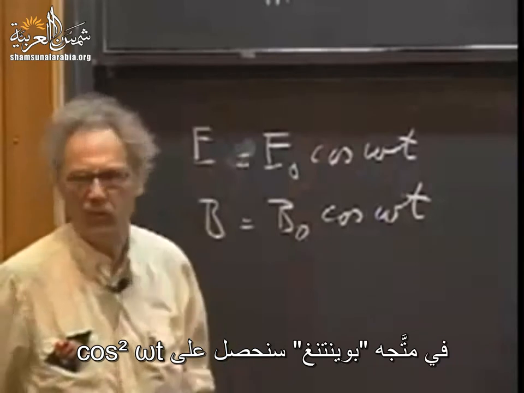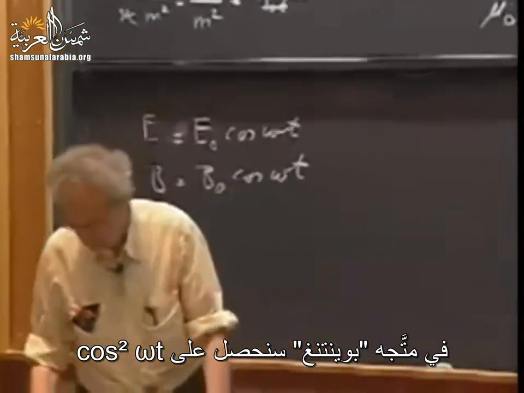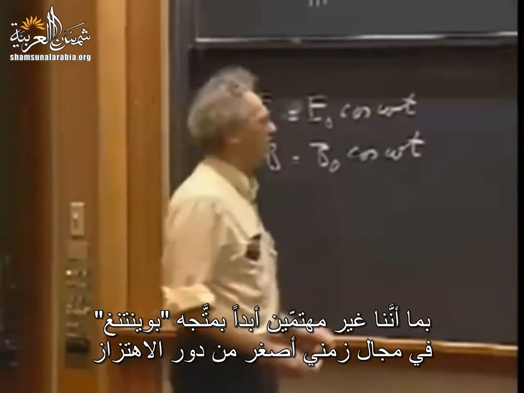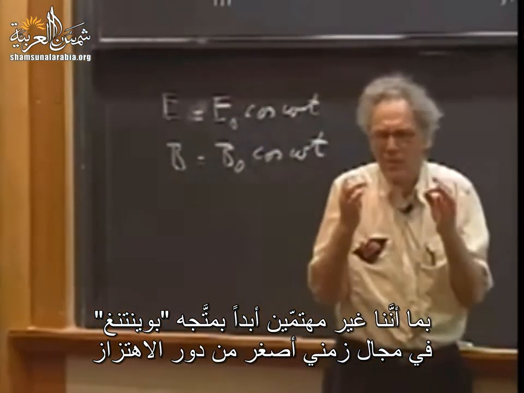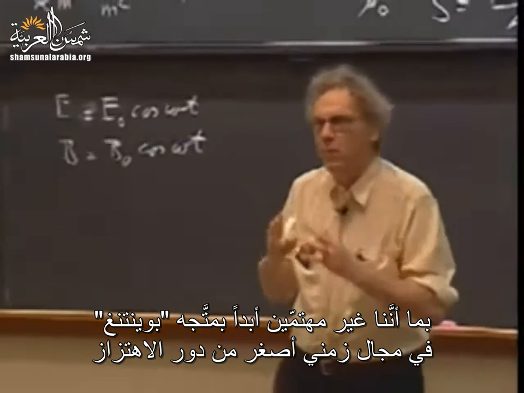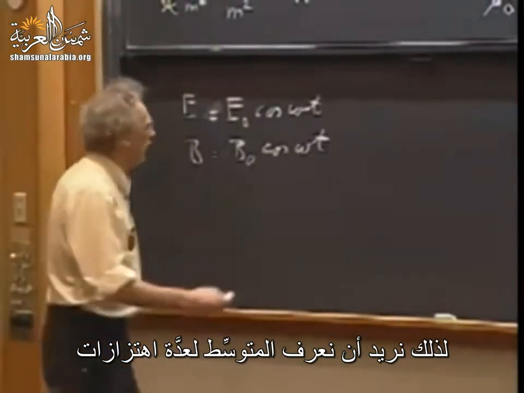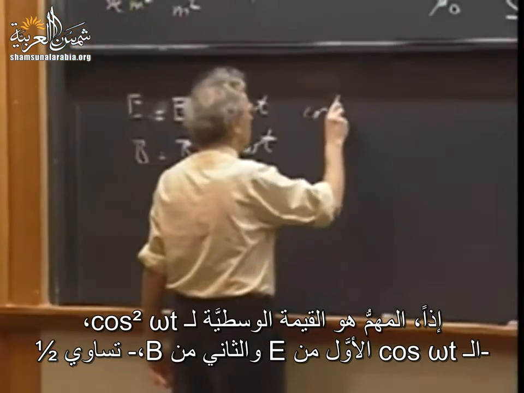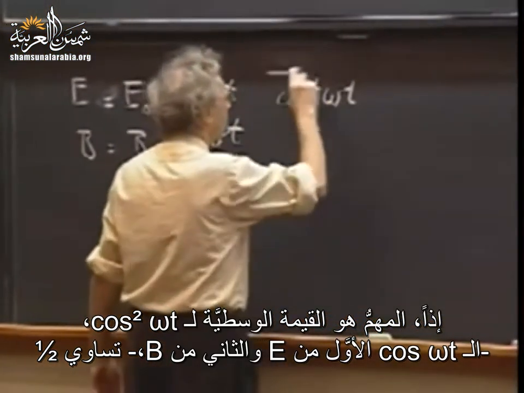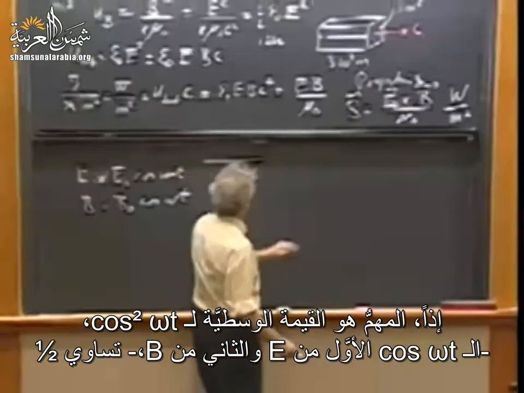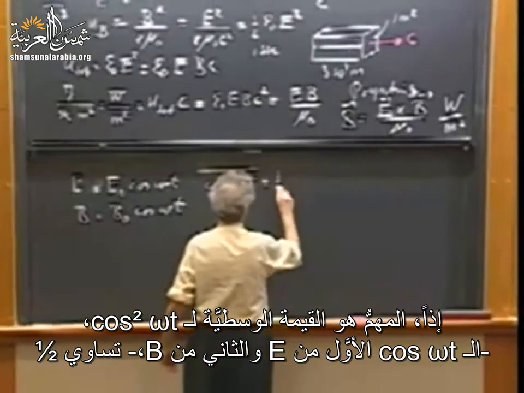So in the Poynting vector, you get the cosine squared of omega t, but since we're never interested in the Poynting vector on a time scale smaller than the period of oscillations, we want to know the average over many oscillations. What matters there is the average value of cosine squared omega t, one from the E and the other one from the B, and that is 1/2.